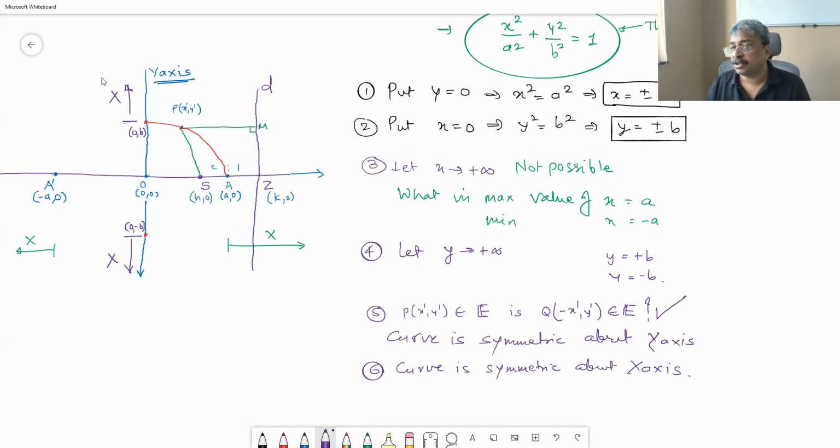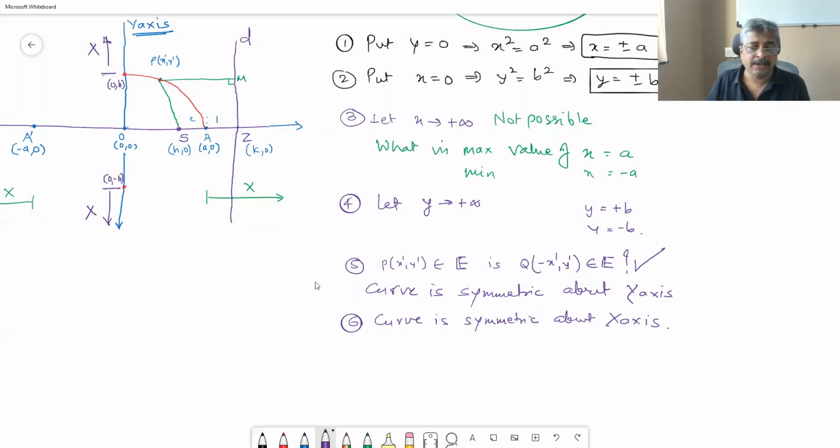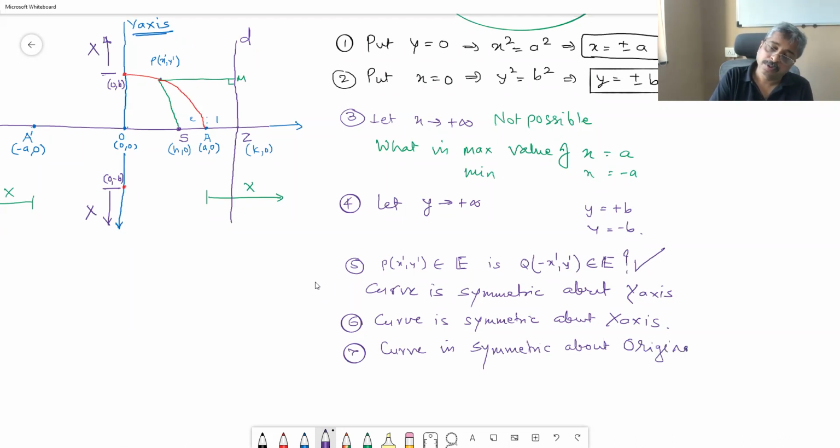Moreover, if you put minus x comma minus y, still you are okay. That means the curve is symmetric about the origin. Very good. So this curve is very symmetric.